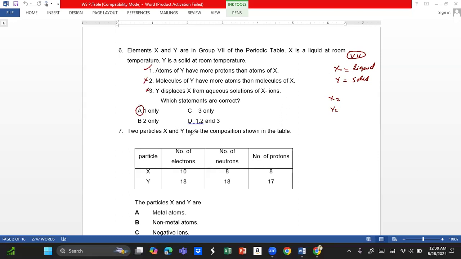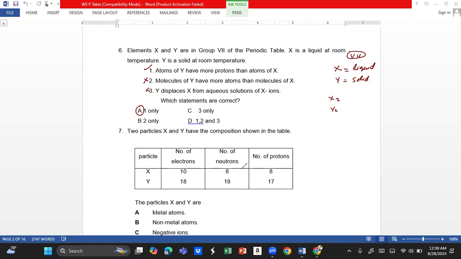Two particles X and Y have the composition shown in the table. Number of electrons: 10 and 18. Number of neutrons: 8 and 18. Number of protons: 8 and 17. First, we need to compare the number of electrons and protons. If their electrons and protons are equal, they are atoms.